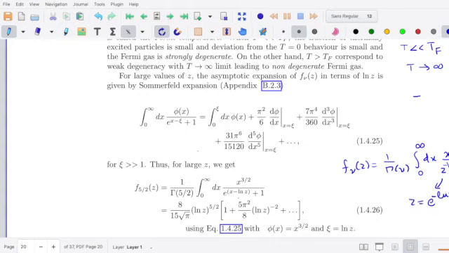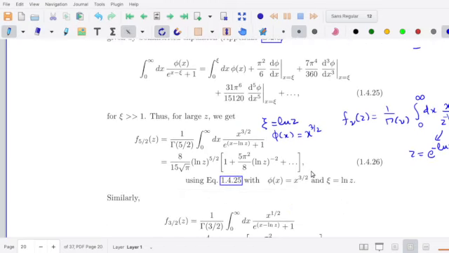Now we can compare this with this integral, and we see that mu can be taken to be log z, and phi of x, that is this numerator, is equal to x to the power 3 by 2.